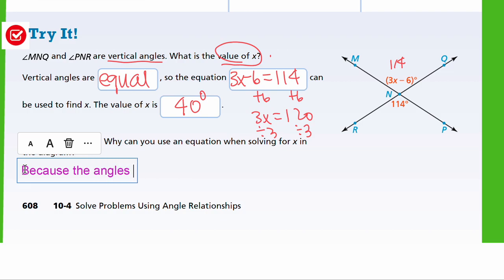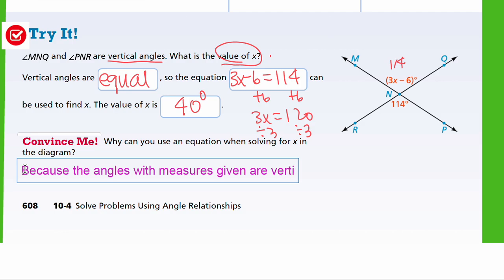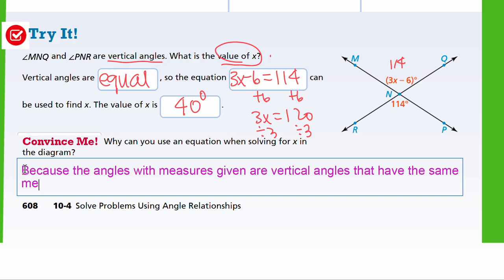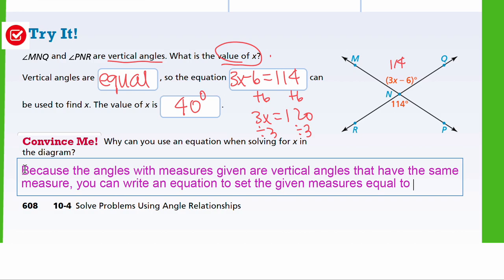Because the angles with measures given are vertical angles that have the same measure, you can write an equation to set the given measures equal to one another.